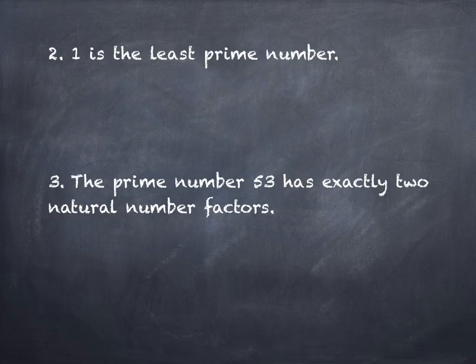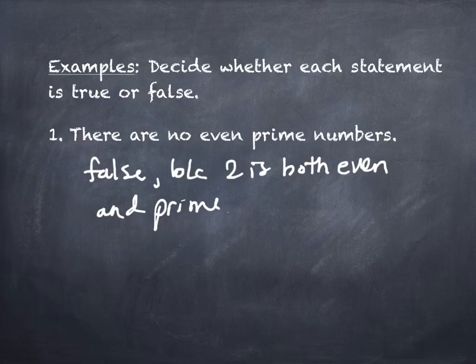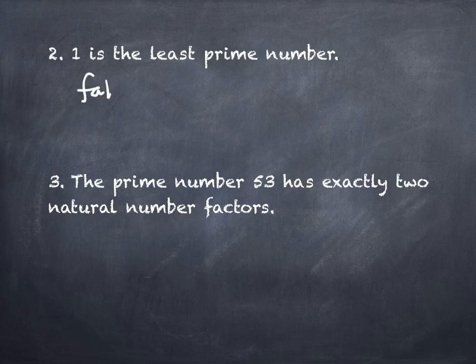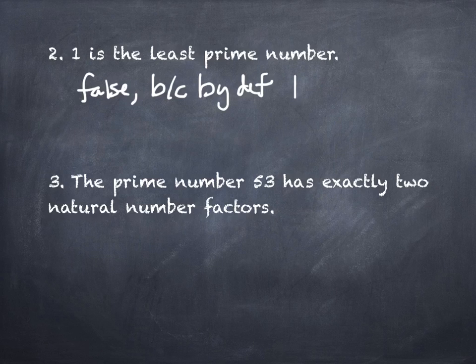All right, the next one, 1 is the least prime number, and that also is false. Because by definition, prime numbers are greater than 1.